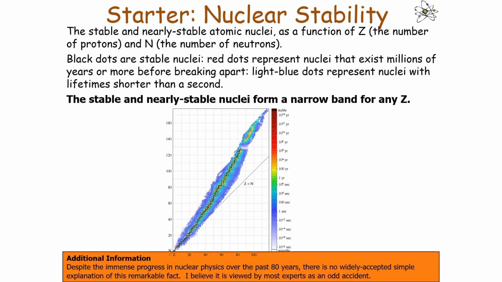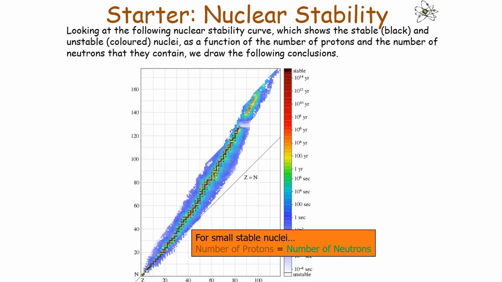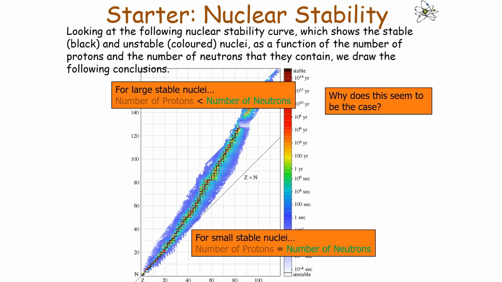The stable and nearly stable atomic nuclei as a function of protons against neutrons shows the following idea: for small stable nuclei, the number of protons has to equal the number of neutrons. But for large stable nuclei, the number of neutrons has to be greater than the number of protons.